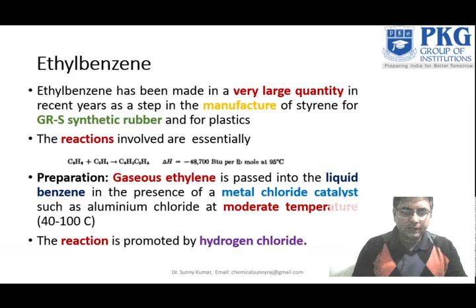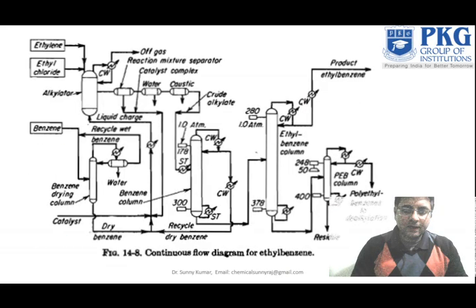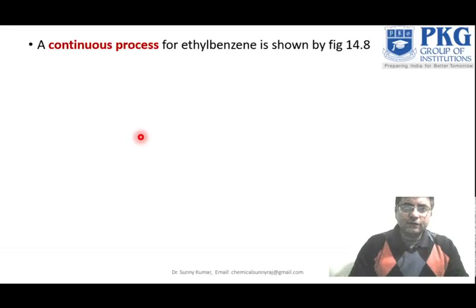The metal chloride catalyst generally used is aluminum chloride, the reaction temperature is 40 to 100 degrees centigrade, and the reaction is promoted by hydrogen chloride. So this is your flow diagram, and you can easily see how to synthesize ethylbenzene. A continuous process for ethylbenzene is shown in the previous figure.